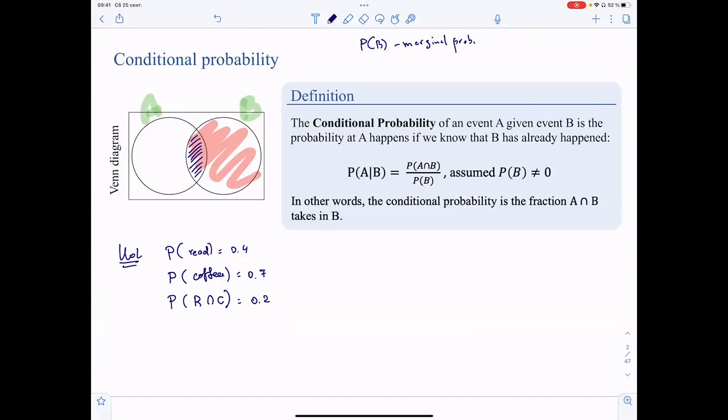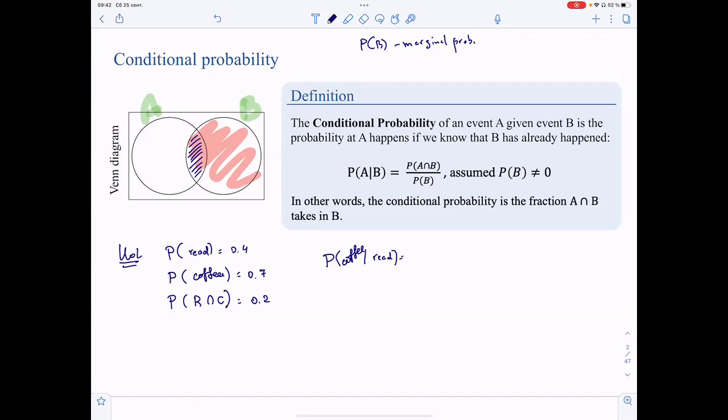And now the question. If I randomly pick someone and I know that he or she just read some newspaper, so this information was given to me, what is the probability that he was drinking coffee at the same time?